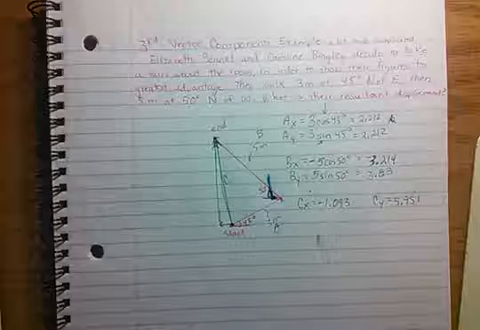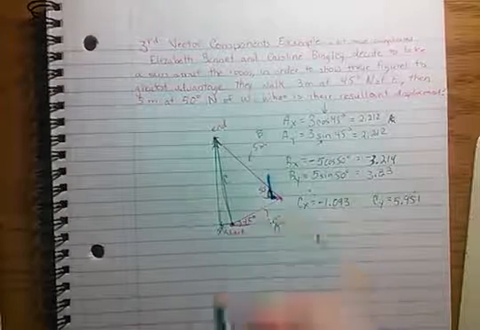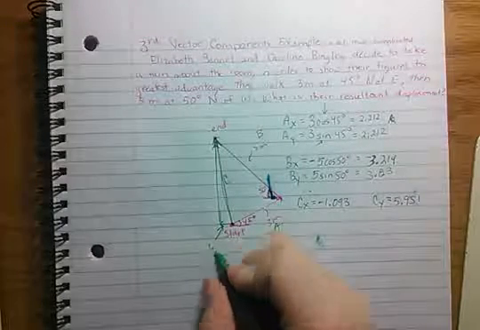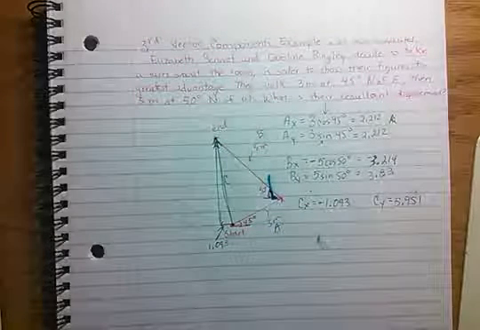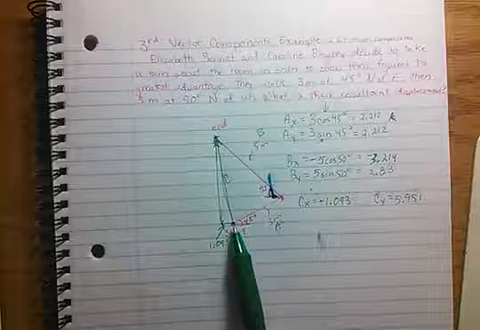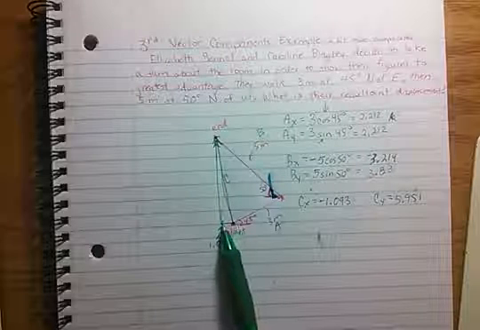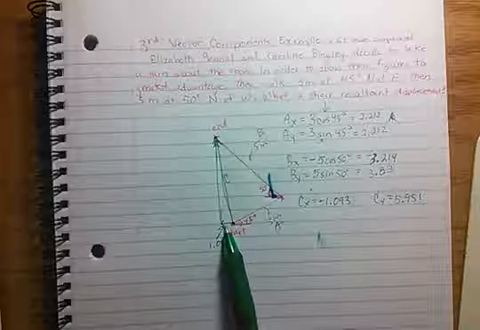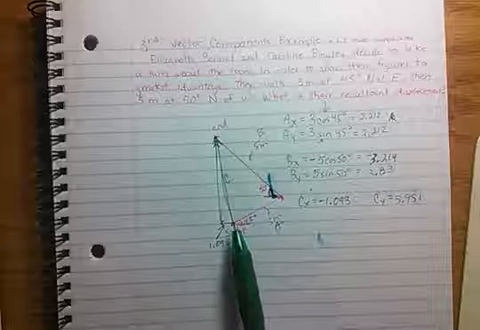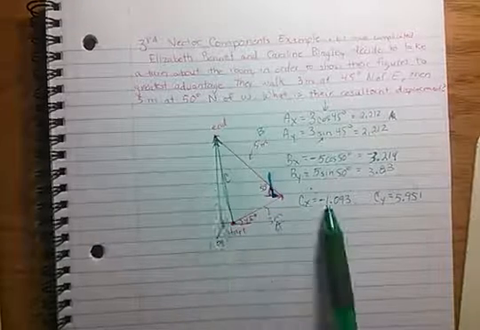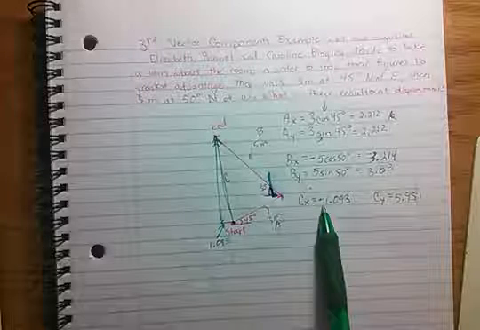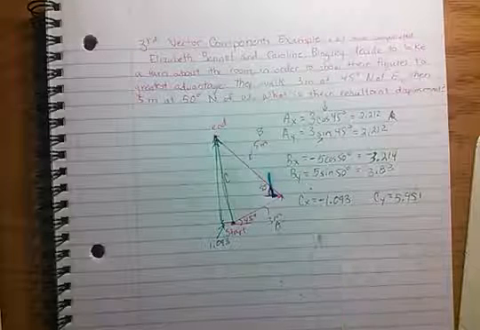Okay, so basically what we found, this here is our Cx. So we found out that overall, Miss Bennet and Miss Bingley went 1.093 meters west, and they went 5.951 meters north. Remember, that's what this negative means. It means they went west.